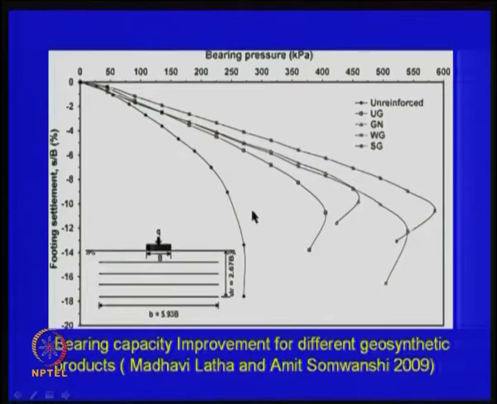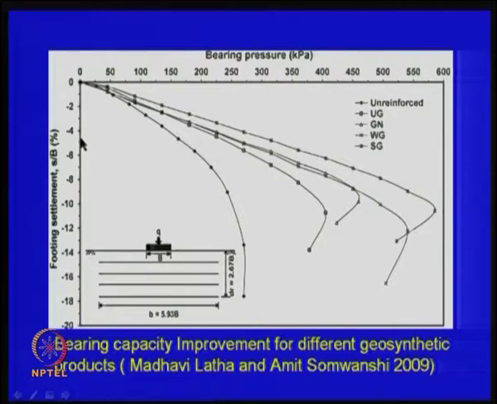A typical example could be that, say for example, this is the bearing capacity of an unreinforced soil. This is unreinforced soil, this is a geonet, these are different types of geosynthetic materials. You can clearly see that this load displacement curve is considerably altered because of this.